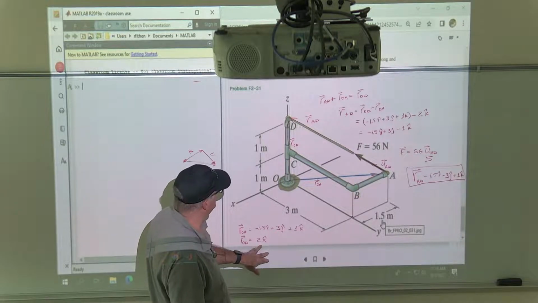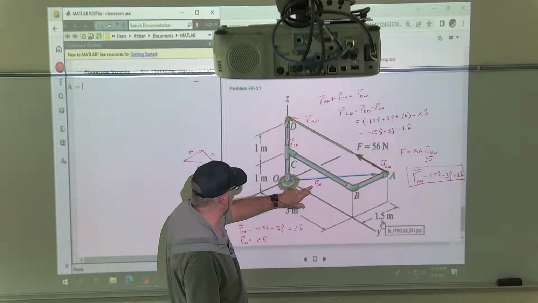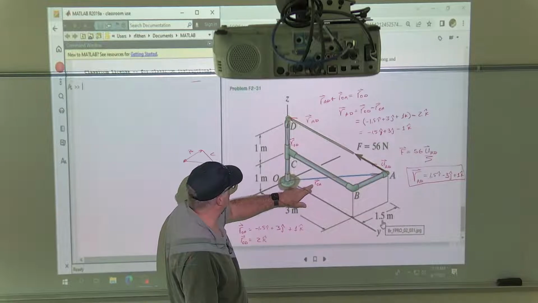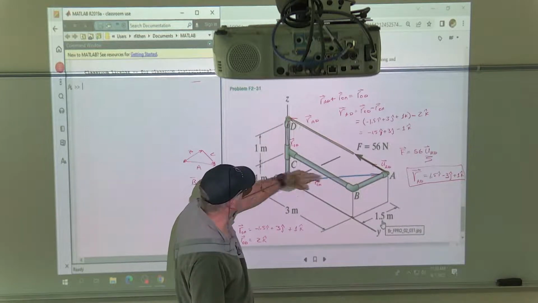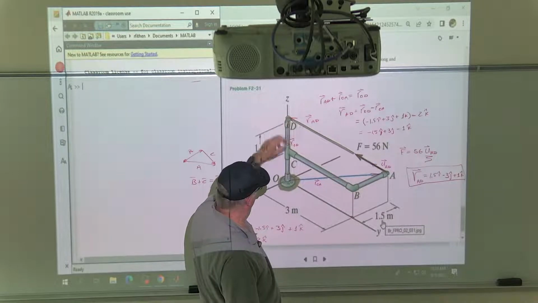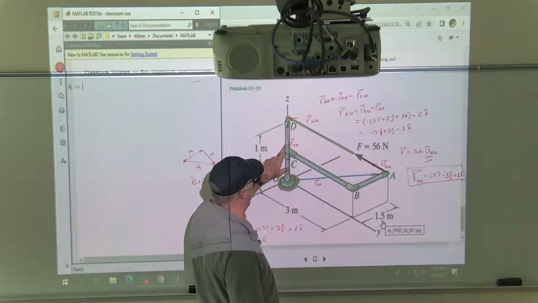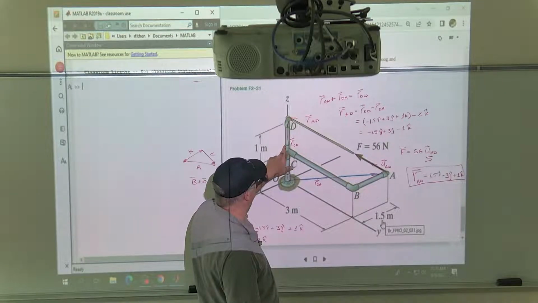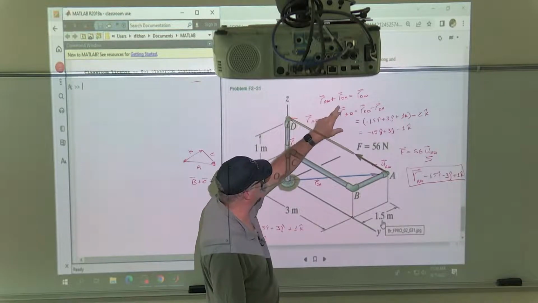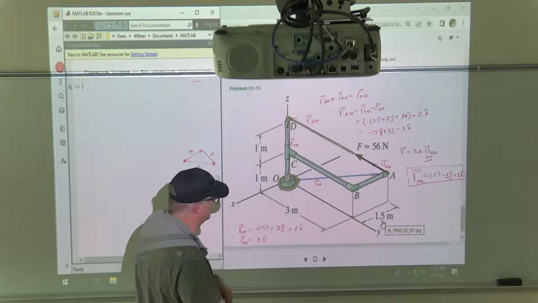So RAD plus ROD, I'm sorry, ROD, ROA, AD. So this vector plus this vector should equal that one. So if I'm looking for that one, I move that one to the other side. This is such a simple thing.